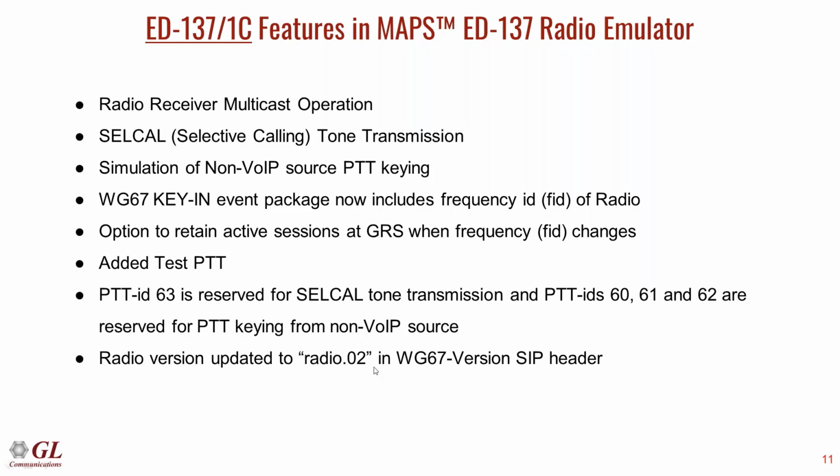There are also reservations for PTT ID: PTT ID 63 is reserved for SelCal tone transmission, and PTT IDs 60, 61, 62 are reserved for PTT keying from a non-VoIP source. All these features have been embedded in the software, so they can be simulated to verify the functionalities of the device under test.